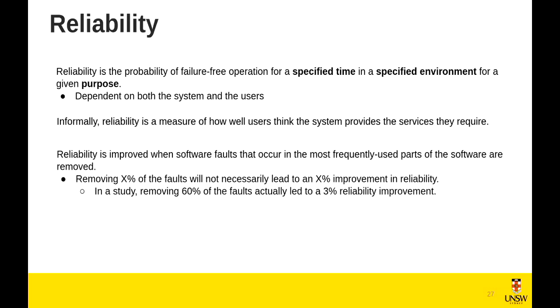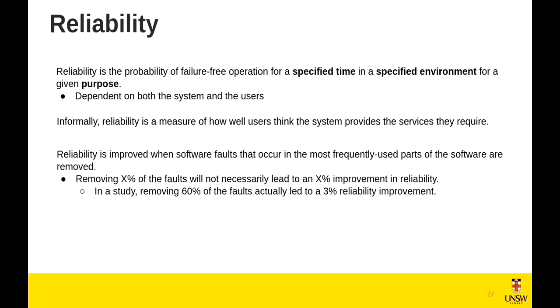So reliability is improved when the faults that occur in the most frequently used parts are fixed, because it depends on how the user uses the system. So if we can remove bugs in the most frequently used features, then we can have a big improvement in reliability.